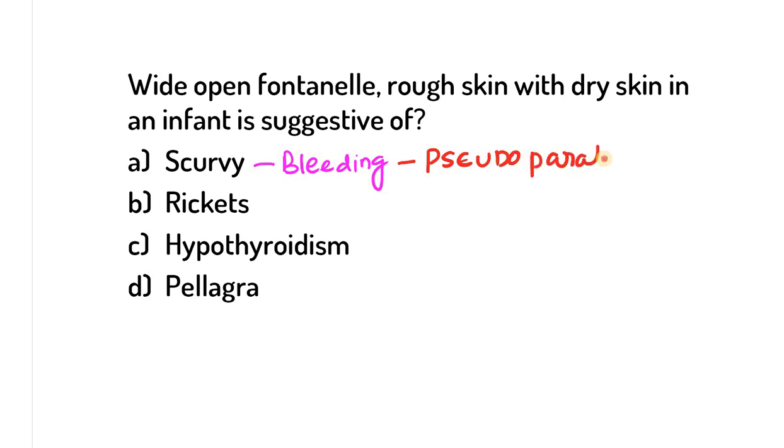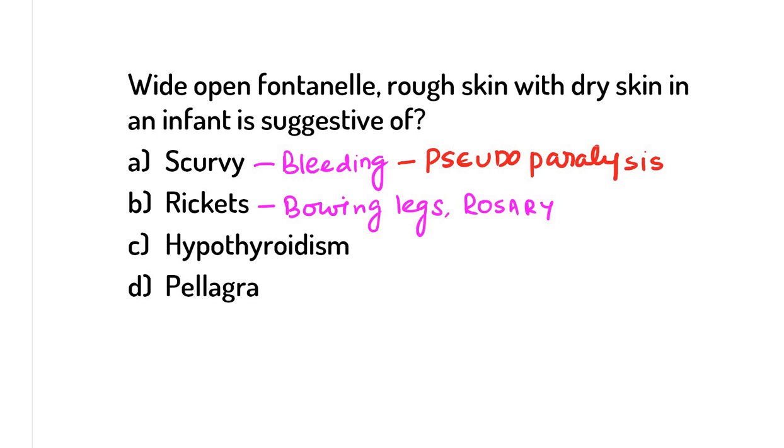Very important. In rickets, I am sure all of you know the classical features of rickets, which include bowing of the legs and rickety rosary. It is not the dry skin and rough skin. Bowing of the legs and rickety rosary are classical findings in rickets. So the answer is not that. Now the last option, let me tell you the last option first.